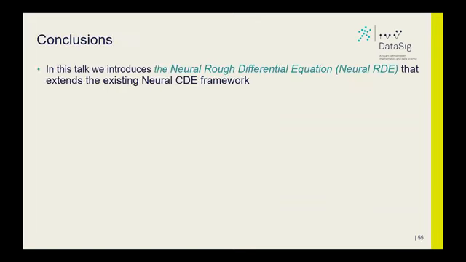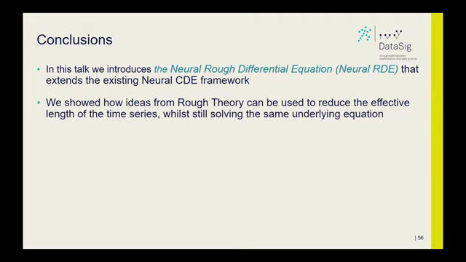And so just to sum up, here we introduced the neural rough differential equation, which is an extension of the neural CDE framework. We showed how ideas from rough theory can be used to reduce the effective length of a time series while still solving the same underlying differential equation.